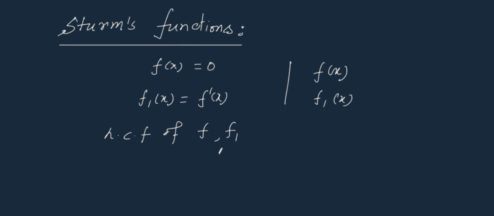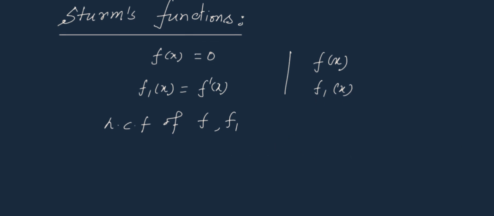That means if we divide f by f1, we will get some quotient, let's say q1, and some remainder, let's say r1. Now when we use r1 as the next divisor, that means we have f2, and f2 is nothing but r1 with the sign changed.